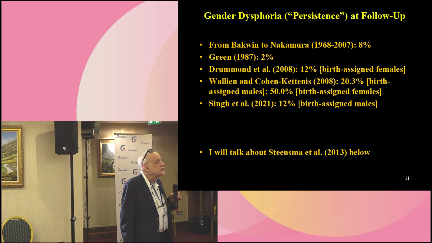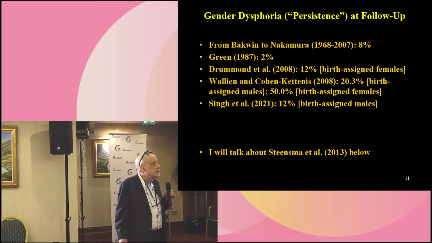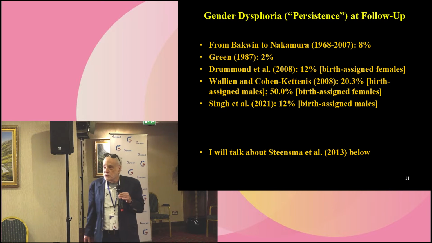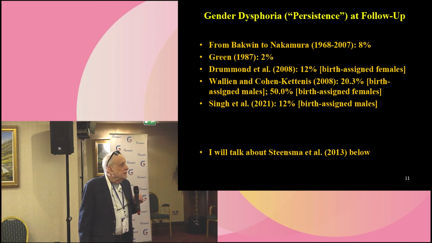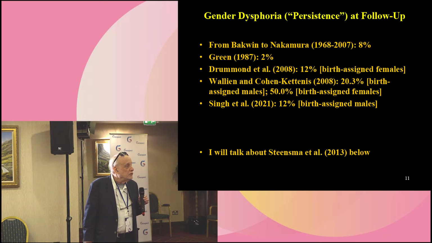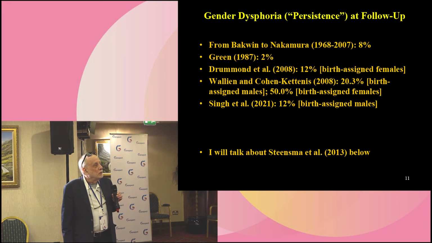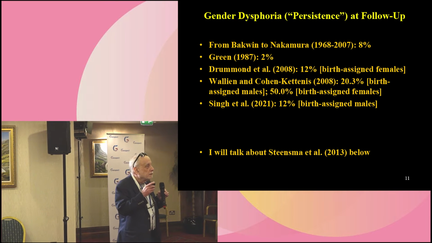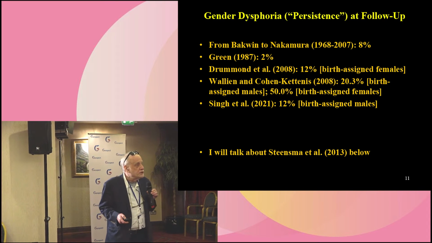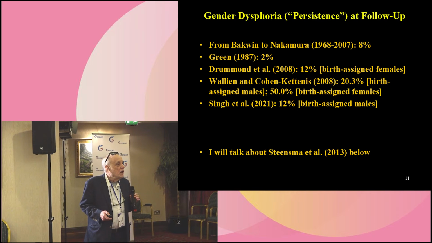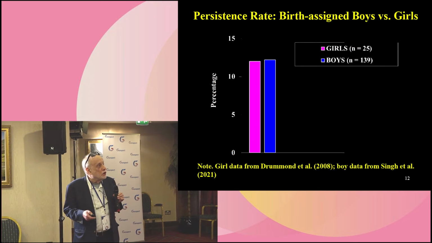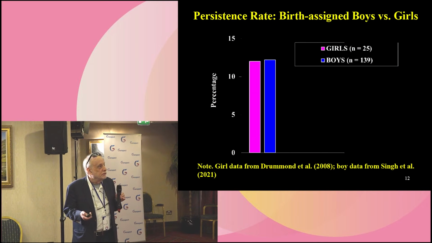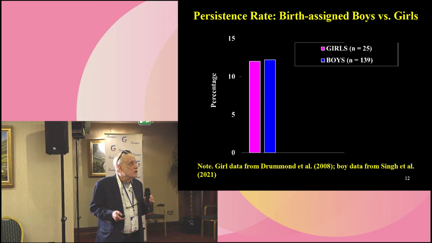We published our study of birth-assigned females in the same year, 12% persistence. And then in 2021, we finally got around to publishing our data on birth-assigned males, 12% persistence. The Steensma study in 2013, I'll talk about later. So in Toronto, the persistence rate was very similar for the birth-assigned females and males.